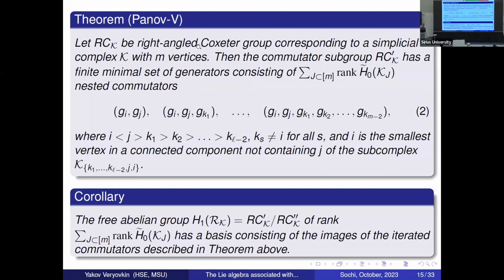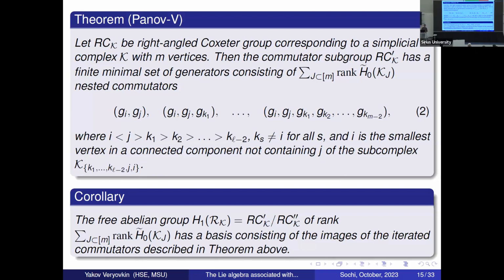Then the commutator subgroup of RCK has a finite minimal set of generators consisting of nested commutators like this, with conditions where i is less than j and greater than k1, k2, ..., k_{l-2}, and k_s is not equal to i for all s, and i is the smallest vertex in a connected component not containing j of the subcomplex like this.